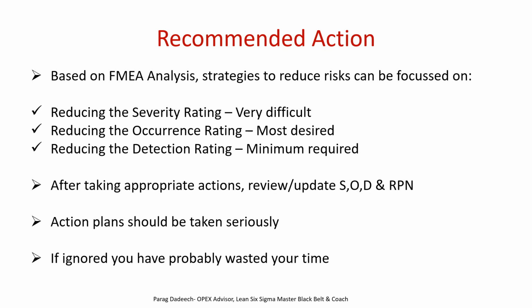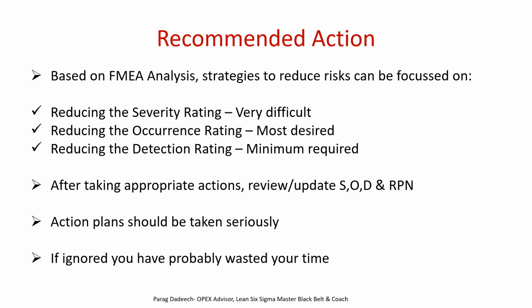Reduction in the occurrence rating is generally the most desired task. It can be accomplished by removing, mitigating, or controlling the potential causes of failure. The reduction in the detection rating is also desired.